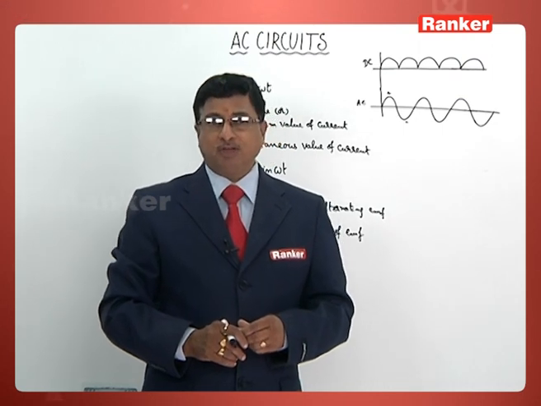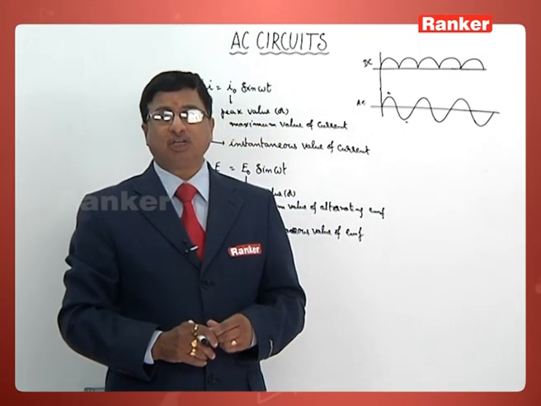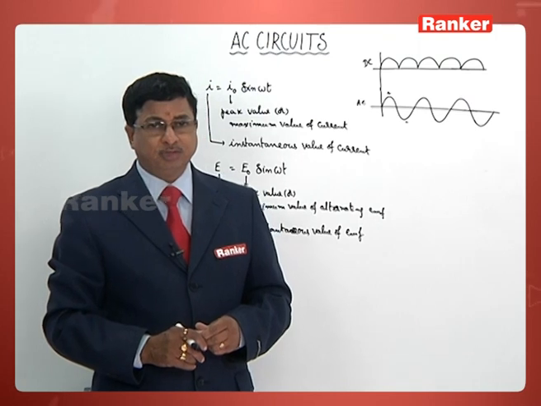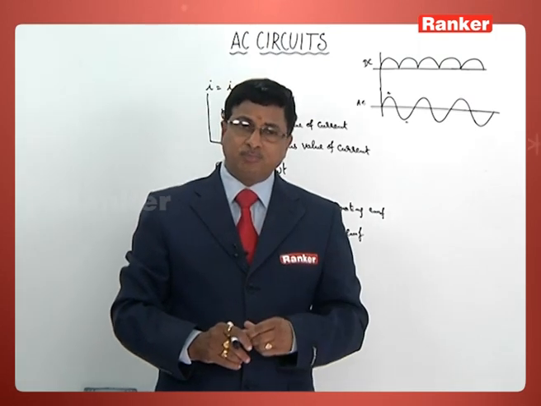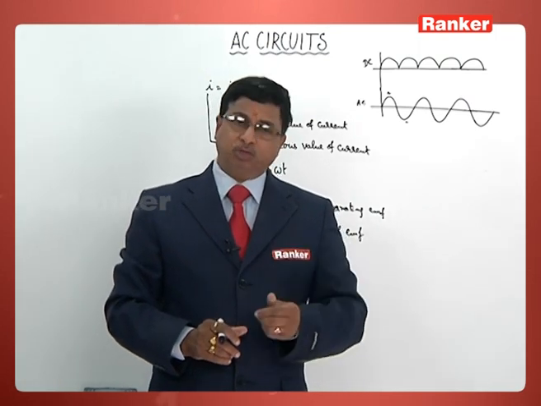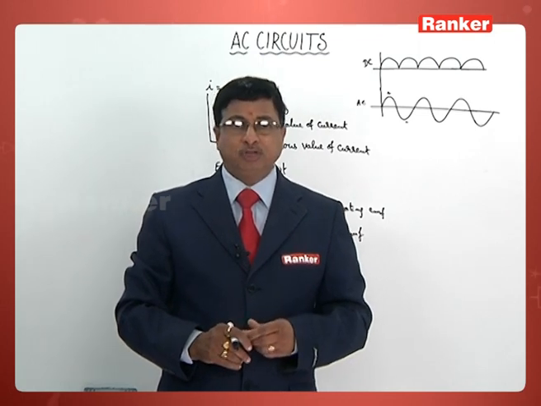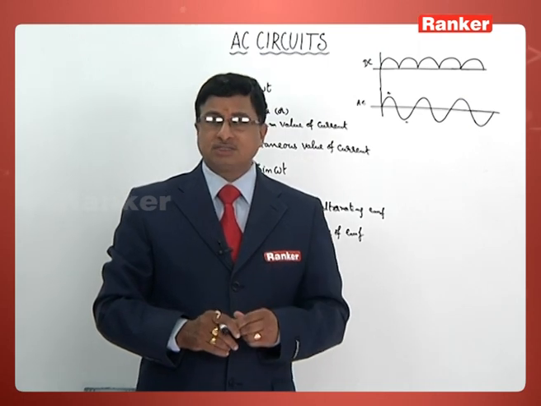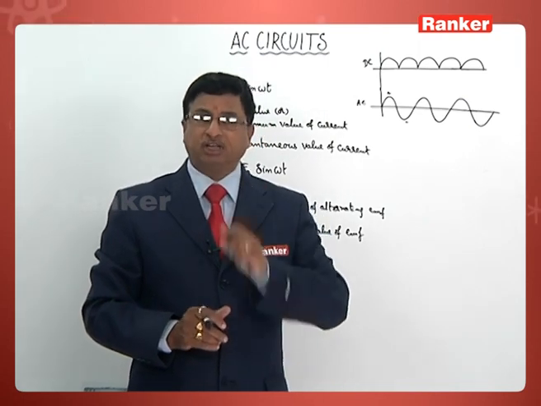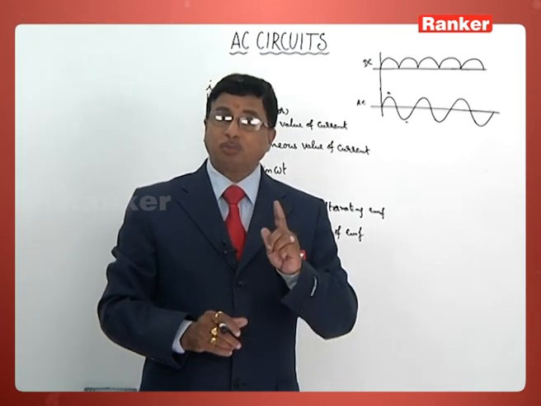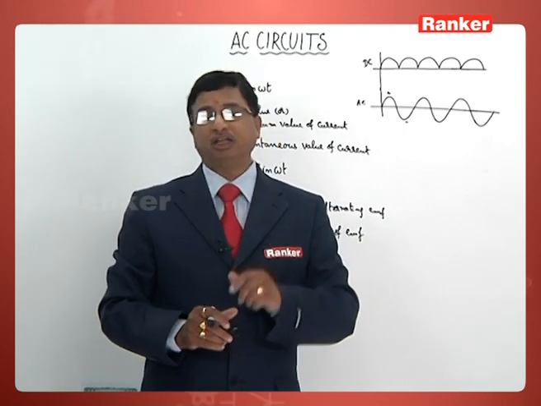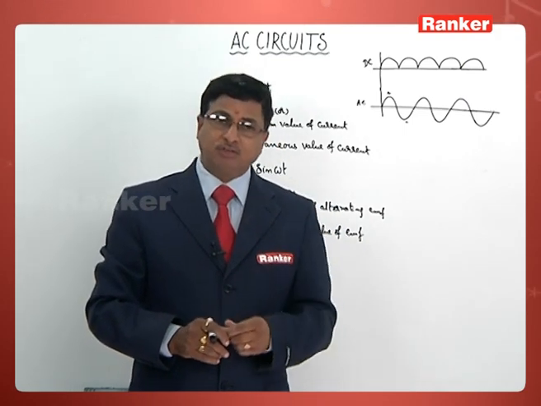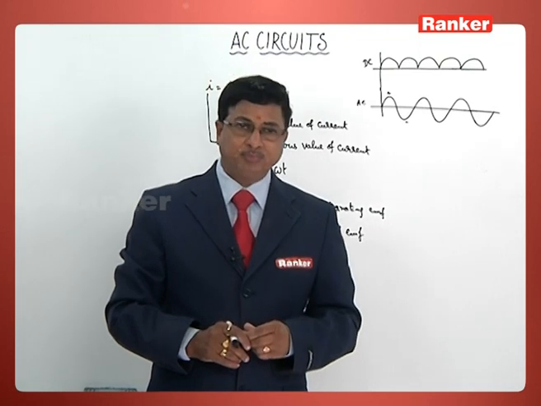Similarly, the RMS value of current is that amount of current which, when made to pass through a resistance, produces the same amount of heat energy as produced by alternating current in the same resistance in the same time.